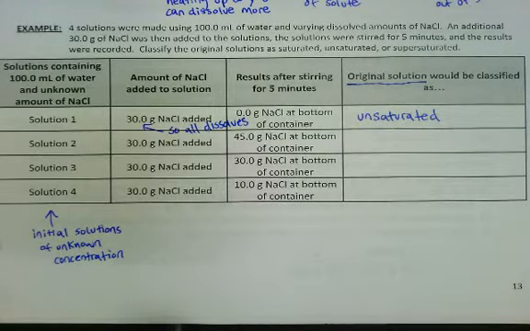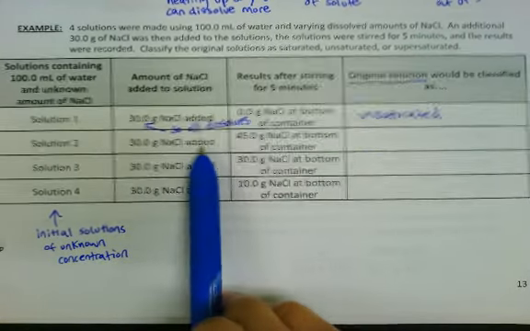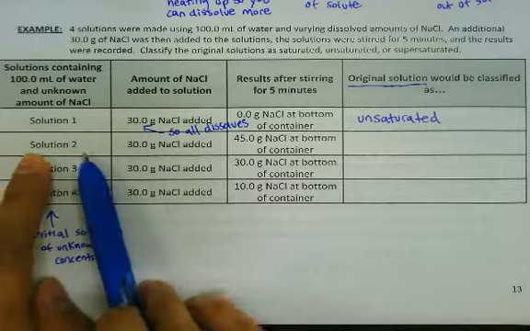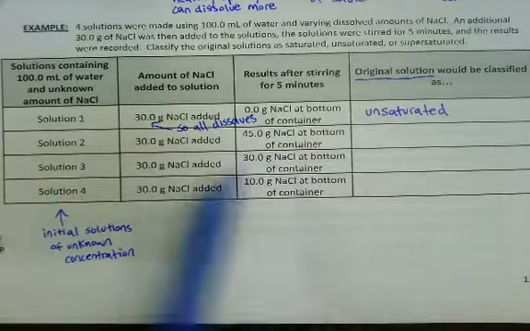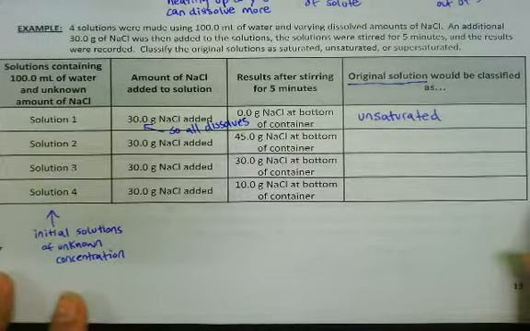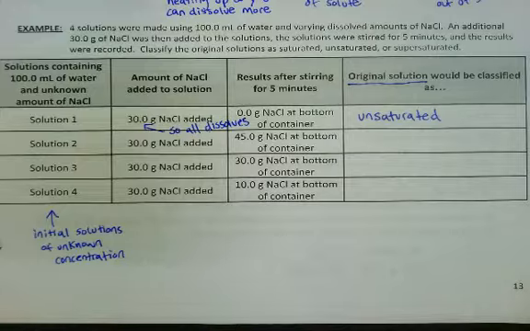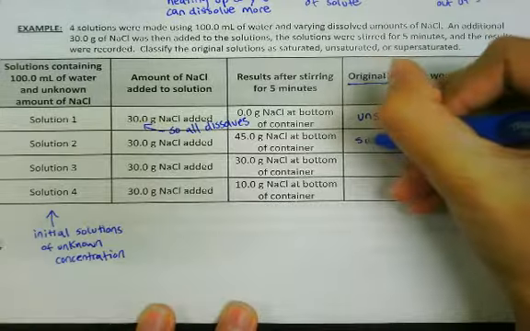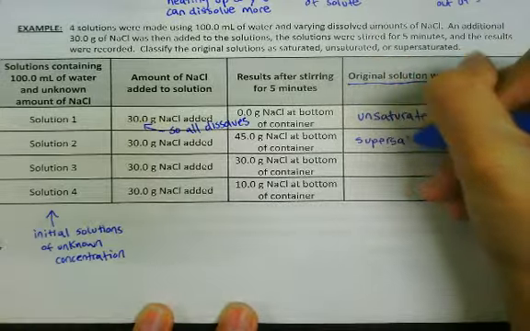So we add 30 grams of sodium chloride to our solution 2, and after stirring for 5 minutes, we notice there are 45 grams of sodium chloride at the bottom. So what do y'all think the original solution was? It was indeed supersaturated. How could you tell?